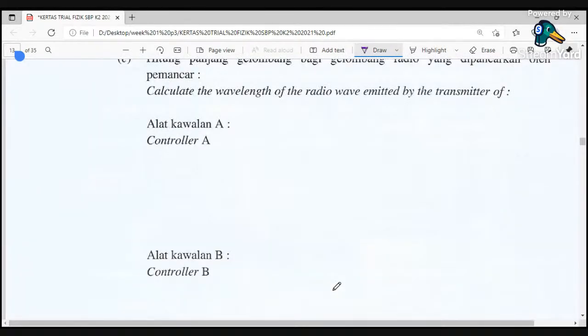Calculate the wavelength of radio wave emitted by transmitter of control A and control B. Lambda equals to v over f formula.